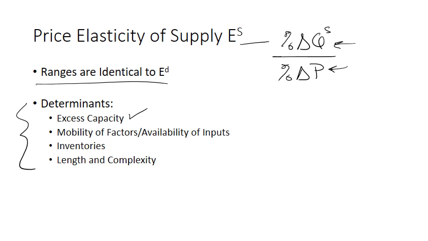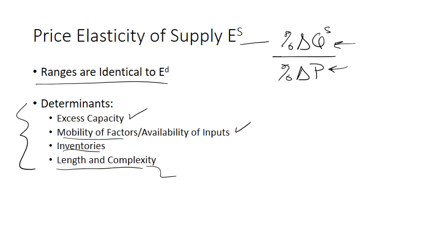It's also easy for them to bump up production if it's relatively easy to get inputs or to move factors like land, labor, and capital towards them when they need them. If those things are relatively inaccessible, then of course you're going to expect a more inelastic response. If they have available inventories, there's nothing easier than just releasing inventories to increase the quantity supplied. High levels of inventory would seem to suggest a high ES or an elastic response.